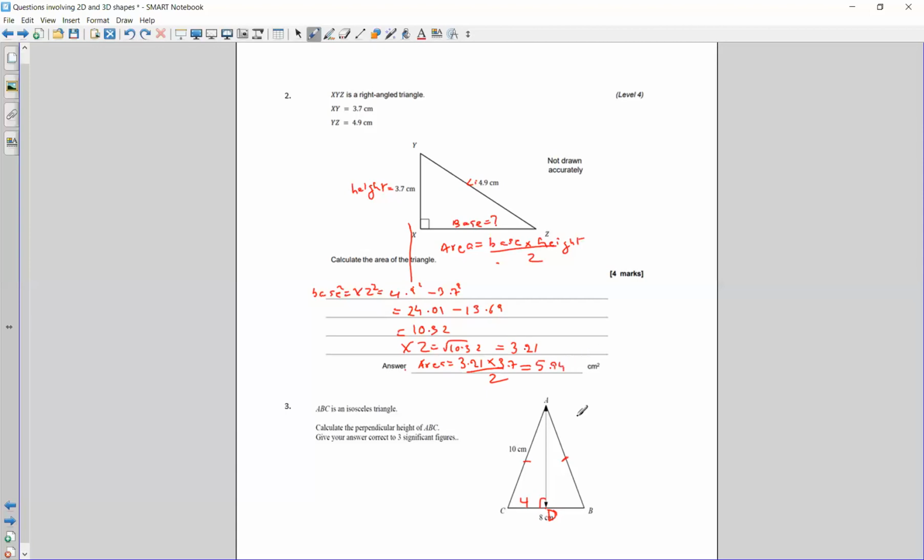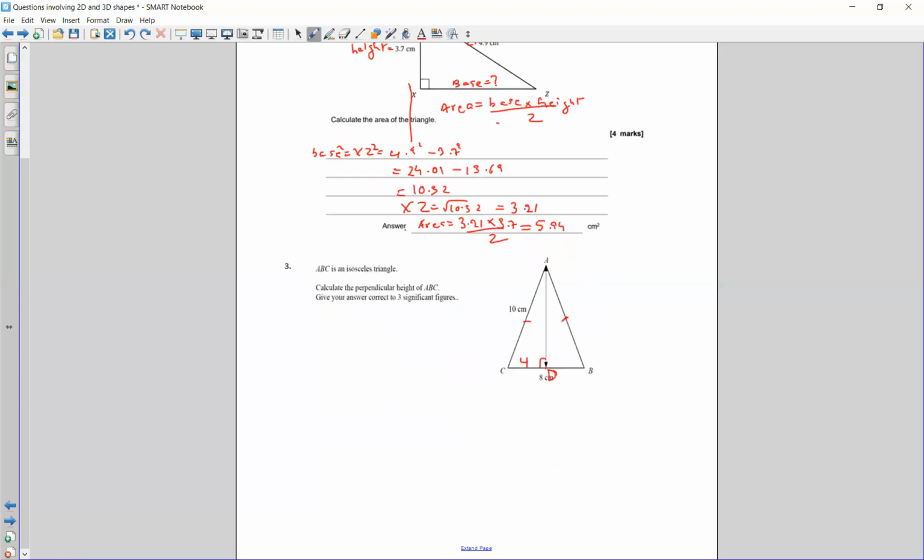Okay. Similarly, in this question, you knew that ADC or ACD is a right angle triangle, so you just use half of this big triangle. Because you are working on the shorter side, let's say that this is x. So you'd have written x squared plus 4 squared equals 10 squared.